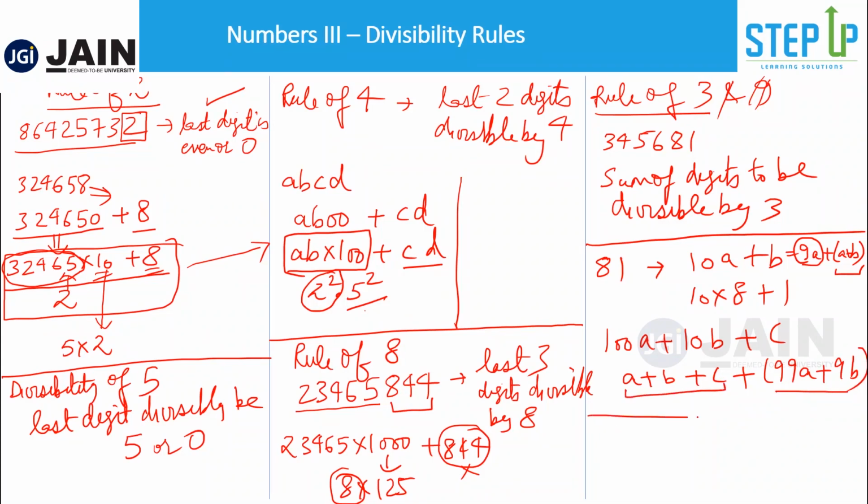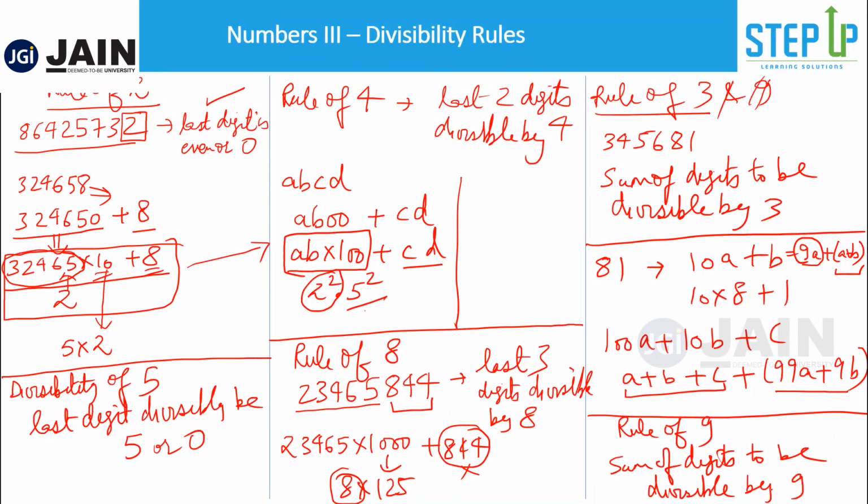So if the sum of digits is divisible by 3, the number is divisible by 3, and the same applies for the rule of 9: the sum of digits has to be divisible by 9. I hope we have learned the rule of 2, rule of 5, rule of 3, and in fact 4, 8, 9, and 25 and 125 also. Okay, so let's look at a few more rules.